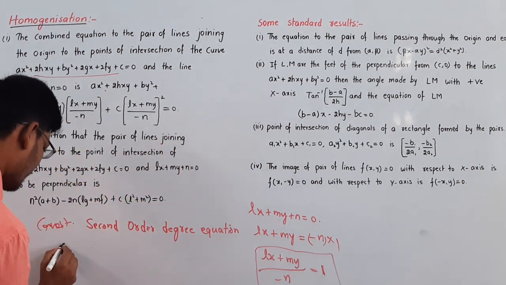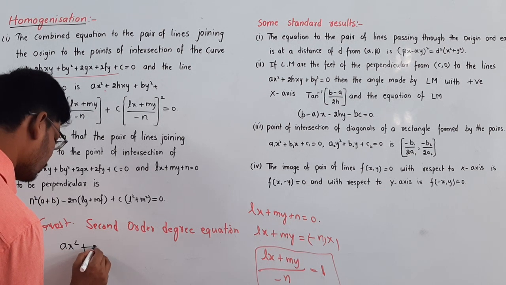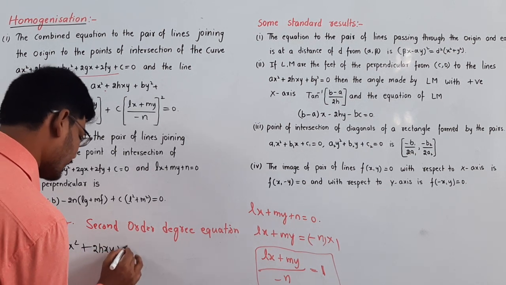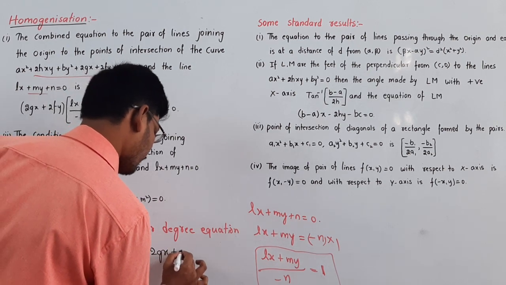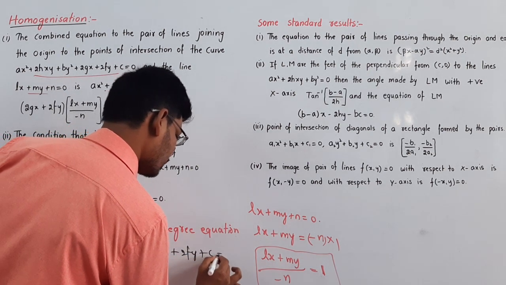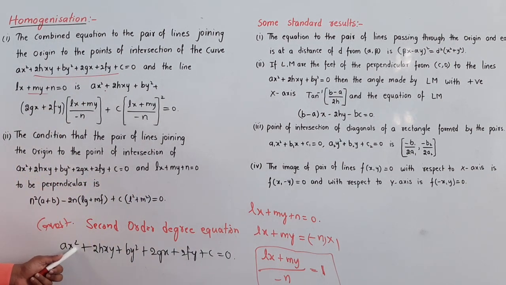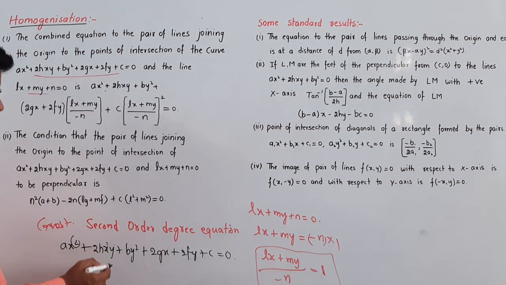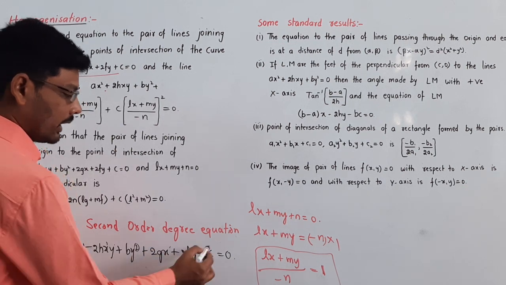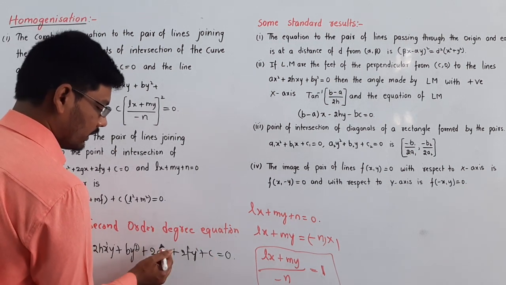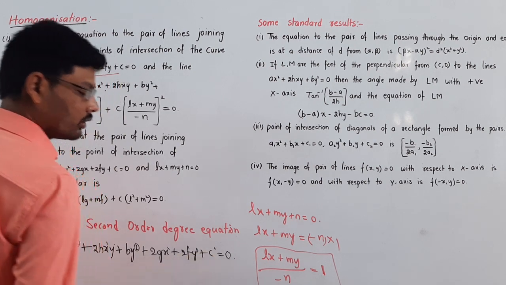I am taking ax square plus 2hxy plus by square plus 2gx plus 2fy plus c is equal to 0. Here the degree is 2, here 2, here 2, and here degree is 1, here 1, and here 0, no degree is there.